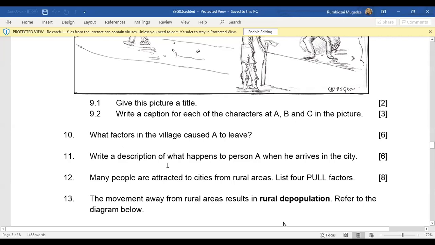Think about the push and pull factors. What makes people leave rural areas? From Helene, for better services such as medical service.